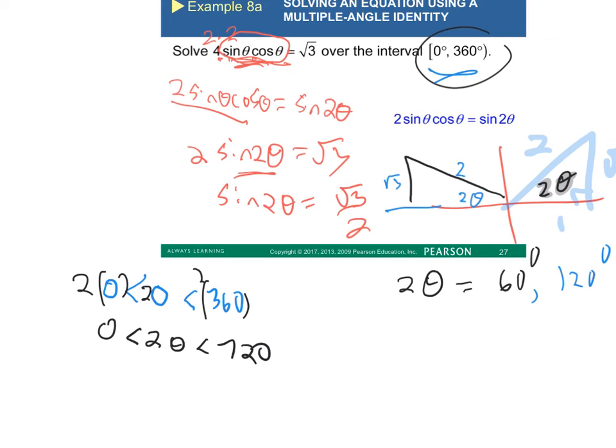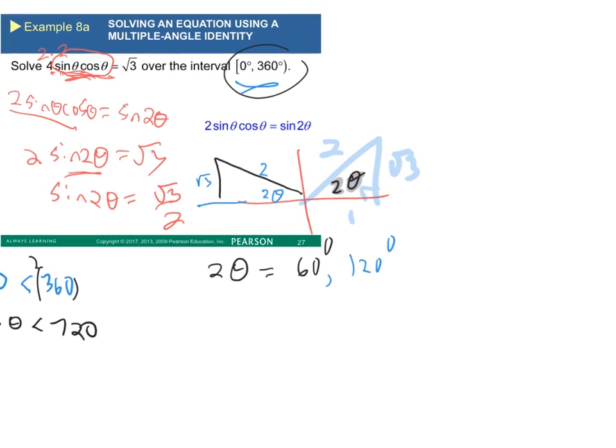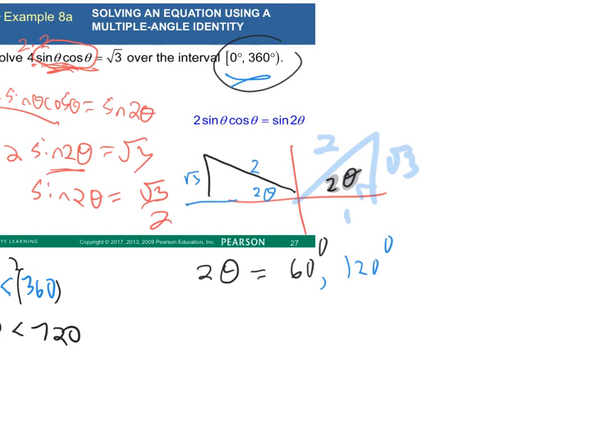So I've got to keep on going. I've got more quadrants to fill. I've got to go around that circle. If this is 60, I've got to keep going because that's only 360 degrees. I've got to go another 360 around.